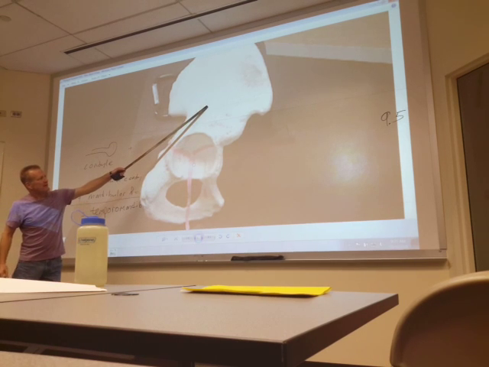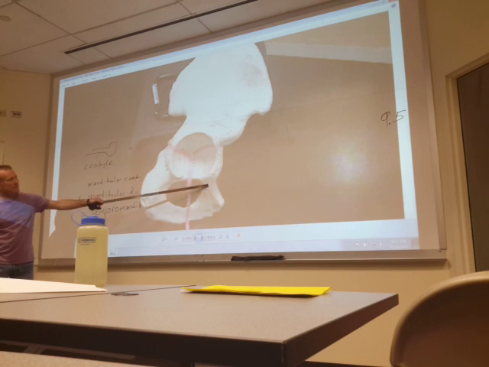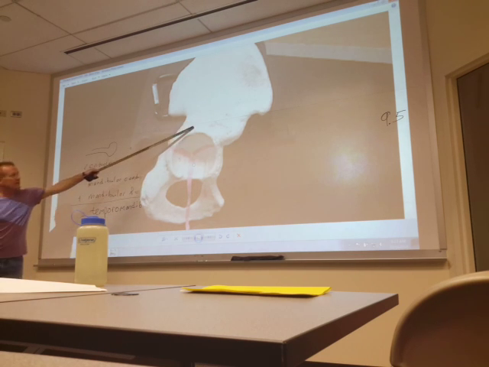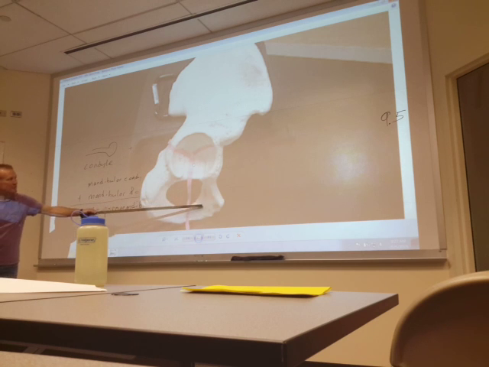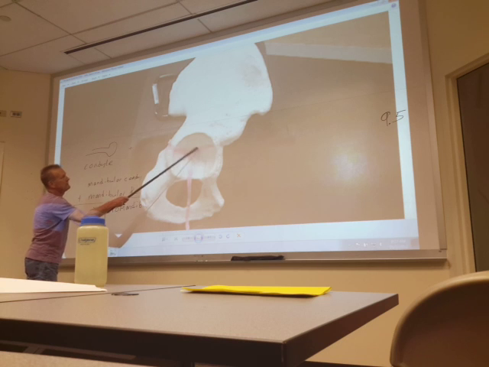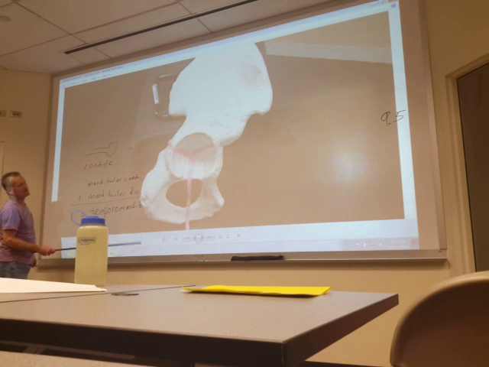There's a superior ilium, and then inferior and anterior there's a pubic bone. Inferior and posterior there's an ischium. Ilium, ischium, pubic. And the pink tape or whatever it is shows the lines of fusion. So from this point up is the ilium, from this point back is the ischium, and etc.